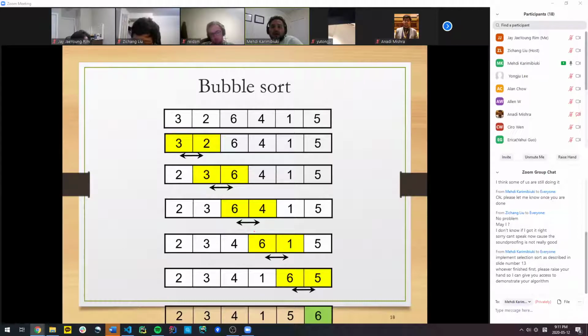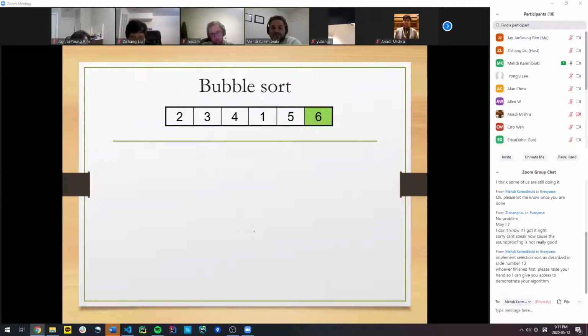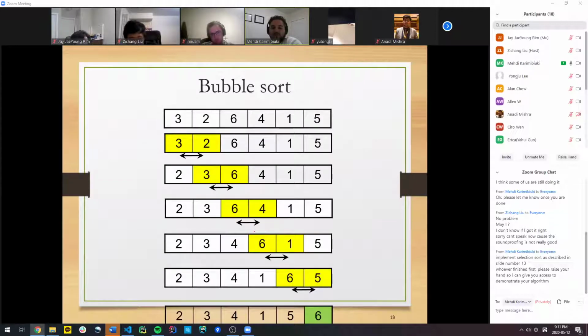We are essentially pushing the big numbers to the right place, and we come back again from the beginning and do the same thing for the next big number. However, the way we do that here, we are doing with the adjacent cells, and that's why we call it bubble sort, right?